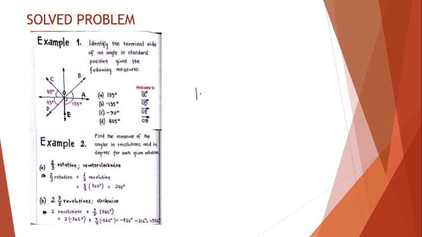So, we have 13 over 5. Tama? So, ito sulat natin: 13 over 5. Multiply, since clockwise, so we have negative 360 degrees.